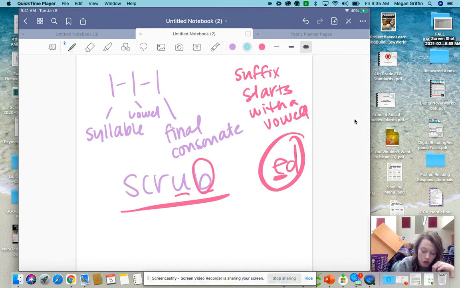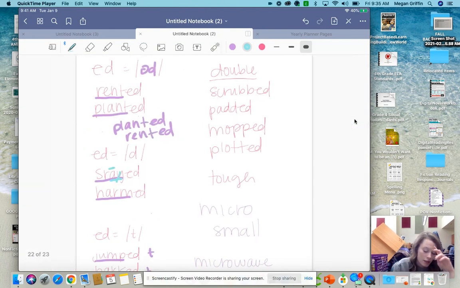I have to double the final consonant before I can add the suffix. Okay, so all of these words on your list right here, these 4 words that you're going to see on your list that's on the next page of your agenda, you're going to see that they follow that 1-1-1 doubling rule. My base word is scrub, pad, mop, and plot.